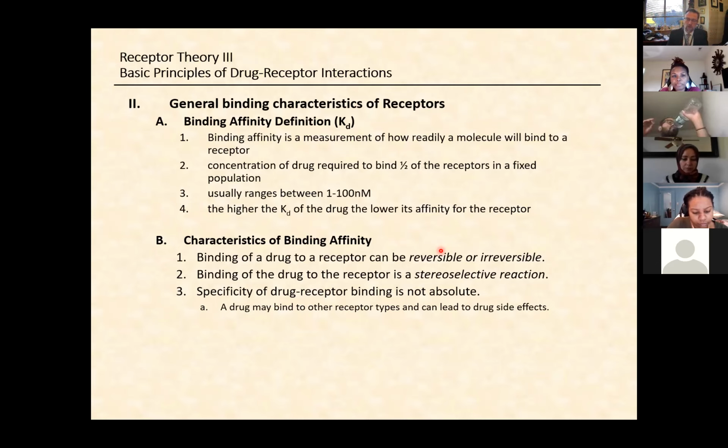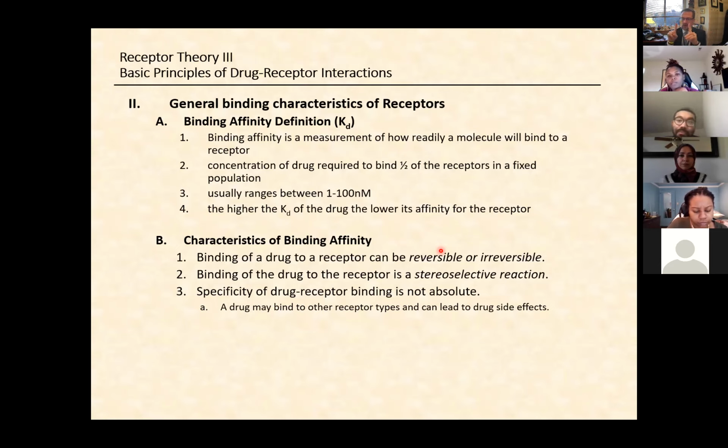So the first thing we're going to talk about is binding affinity, or KD. This is a term you learned about in biochemistry when you learned about enzyme-substrate interactions. And Dr. Skabinski may have even talked about it in the context of drug or ligand receptor interactions. Binding affinity is a measurement of how readily a molecule will bind to a receptor.